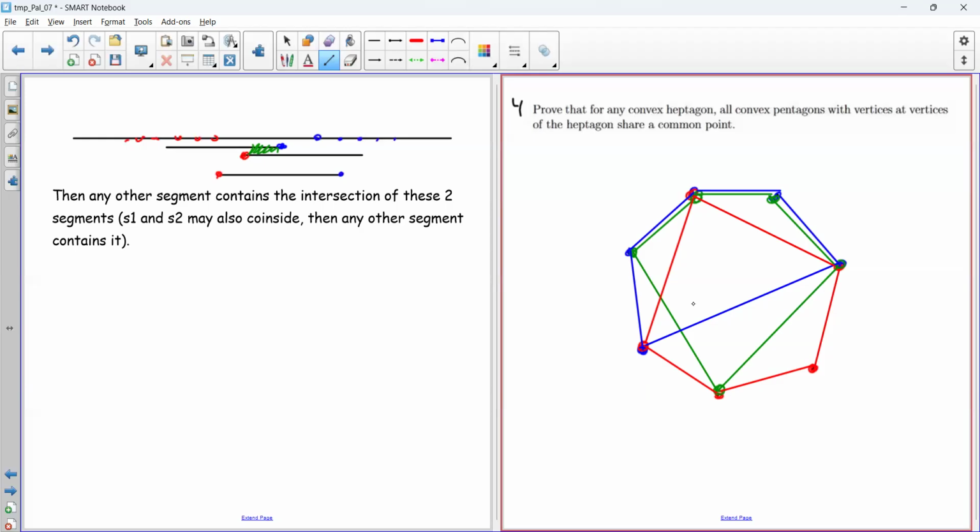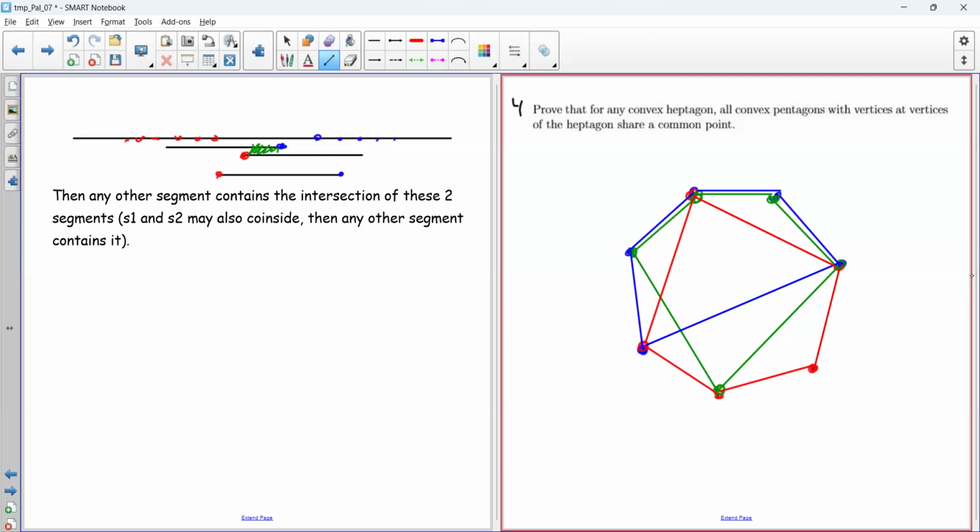So actually the heptagon may be very ugly. It may be very irregular, not like here. And it adds some new levels of not understanding how it's happening.